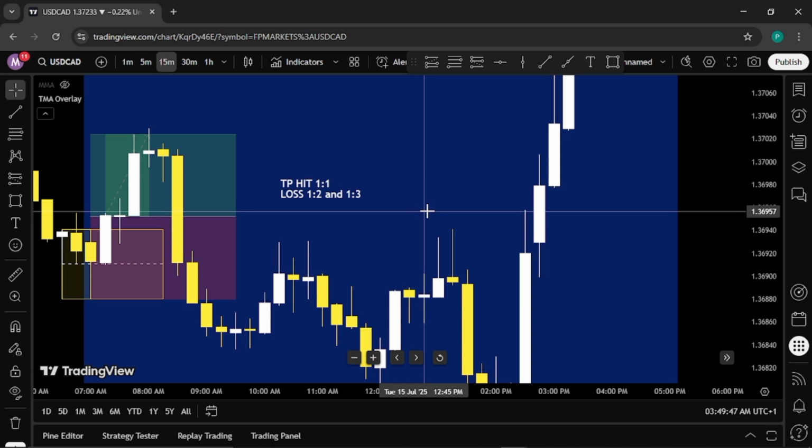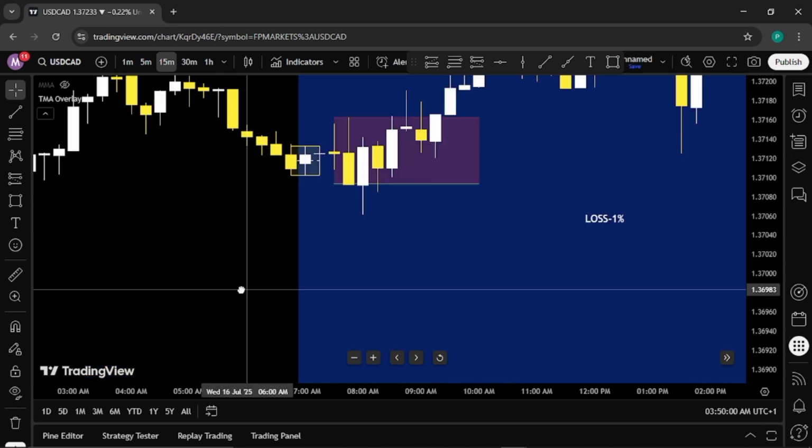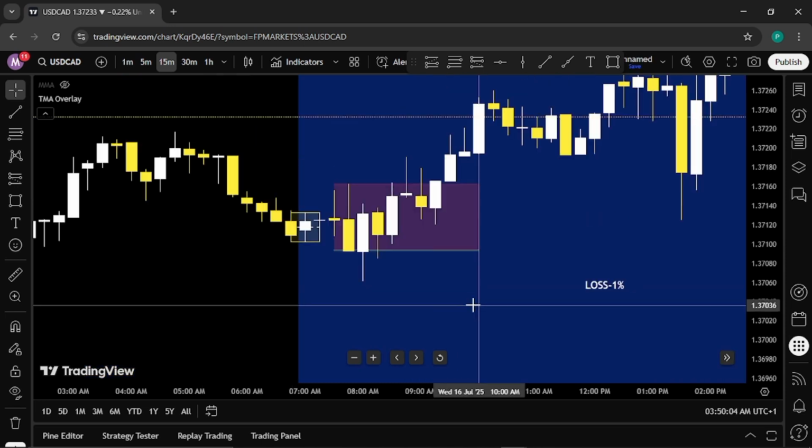So you get 3% profit on Monday, you lose 1% of that profit on Tuesday, and then on Wednesday you lose 1% of the remaining 2%. So you're left with 1% profit on your account size. On Thursday you get 3% profit, right, which now gives you a 4% profit on your account size.